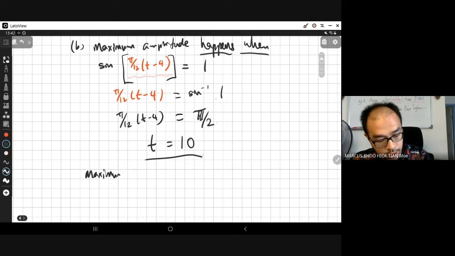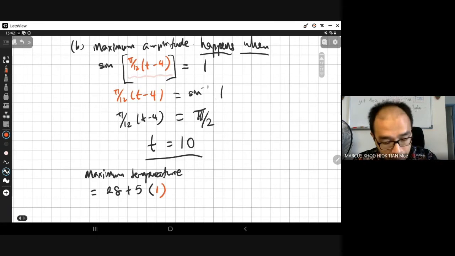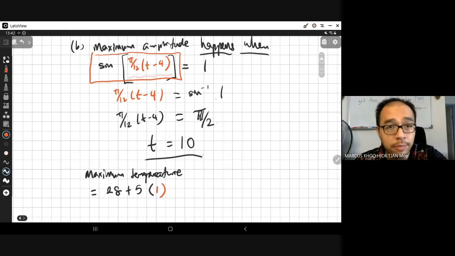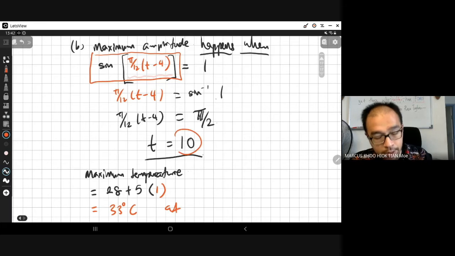Maximum temperature is equal to 28 plus 5 times the whole thing, which must be equal to 1, because we already said that the sine of pi over 2 times t over 4 must be equal to 1. That's the maximum possible. You can get no other bigger value than that. So this will give you 33 degrees Celsius at 10. 10 is what? At 10 a.m.